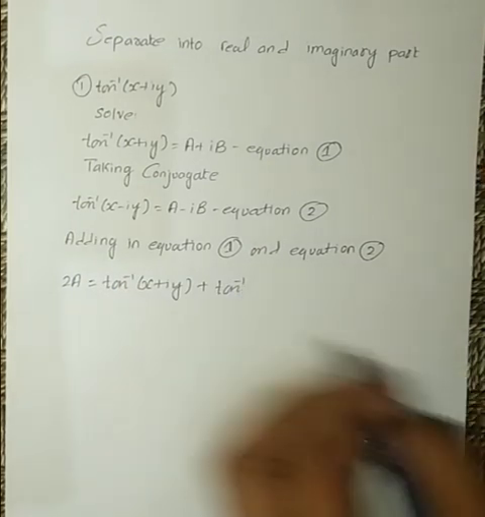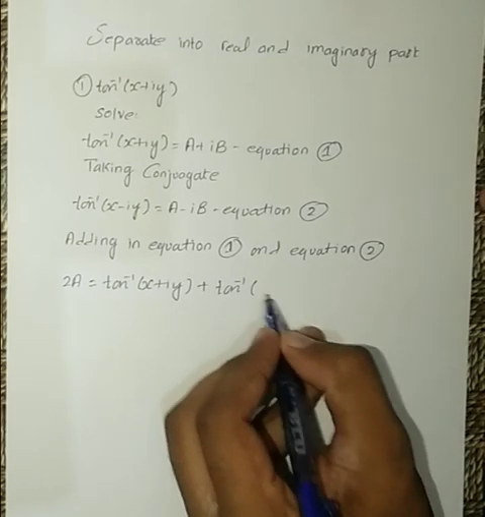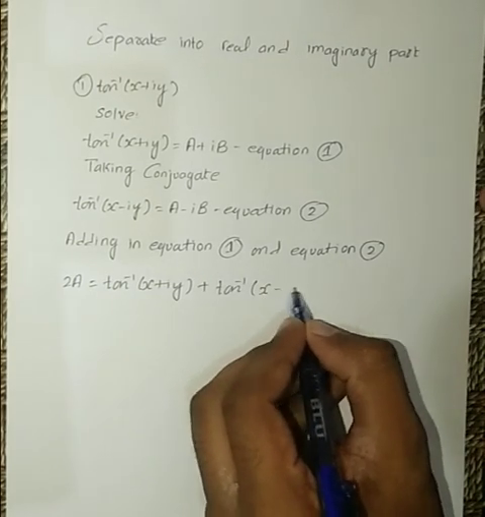And the second equation is tan inverse equals x minus iota y.